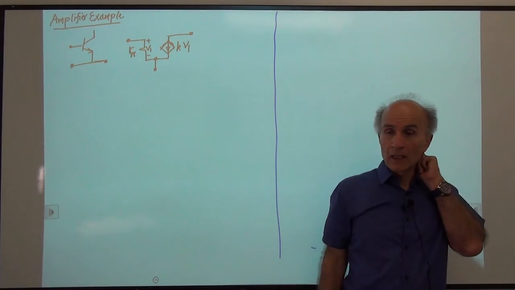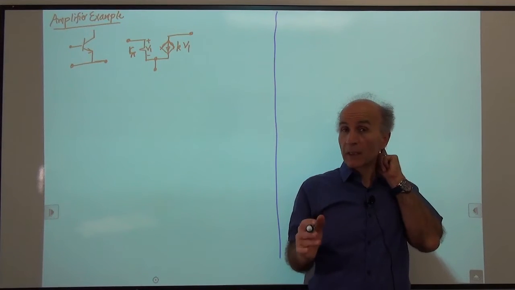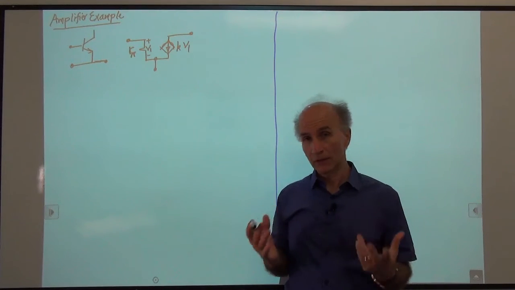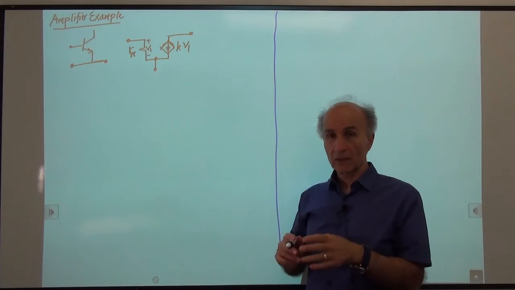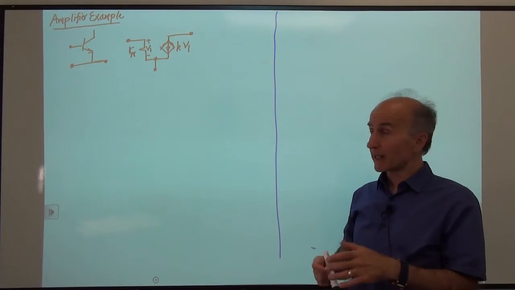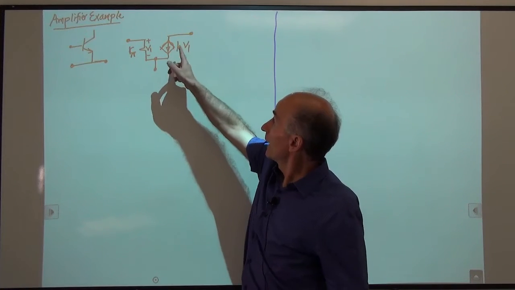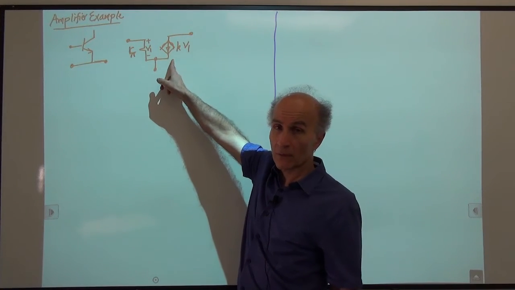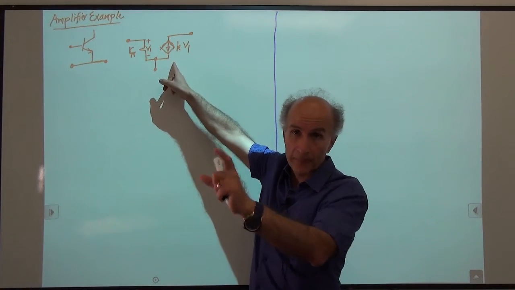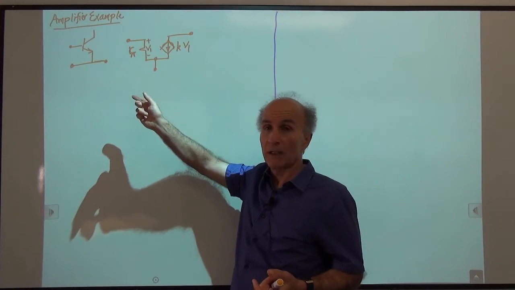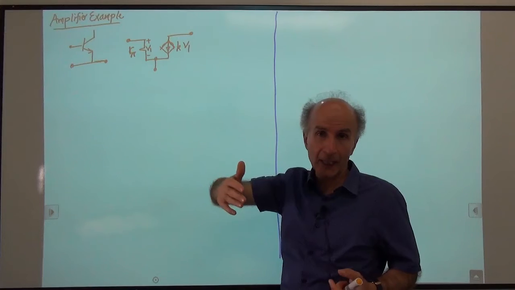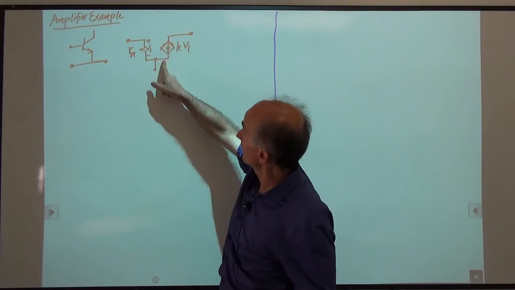Okay? Now, if this is blowing your fuses, don't worry. Yes, it has 3 terminals. We haven't seen 3 terminal devices before. It looks very complicated. But if you just think of it as, okay, this is all I have, right? A dependent current source. This current source looks at some voltage somewhere. Where's that voltage? That voltage is between these 2 nodes here, and multiplies that voltage by K to give me a current in this branch.